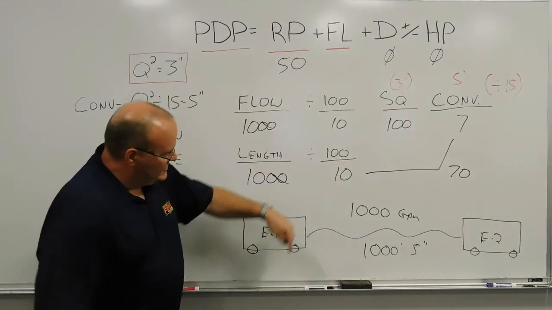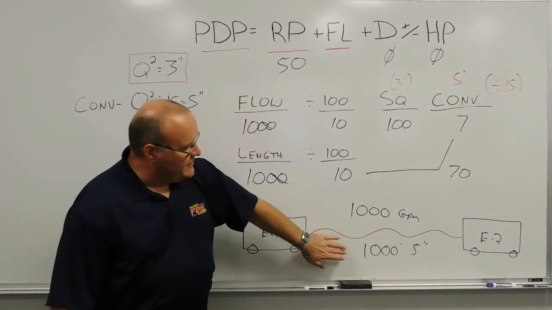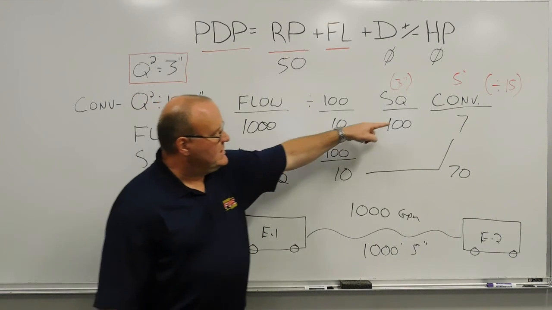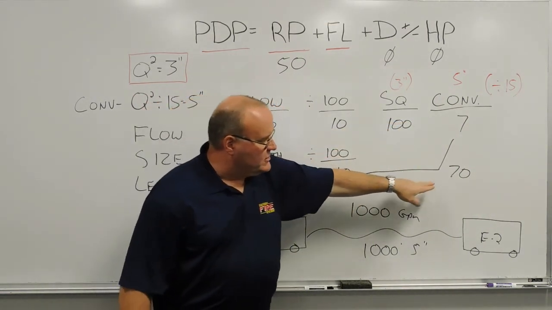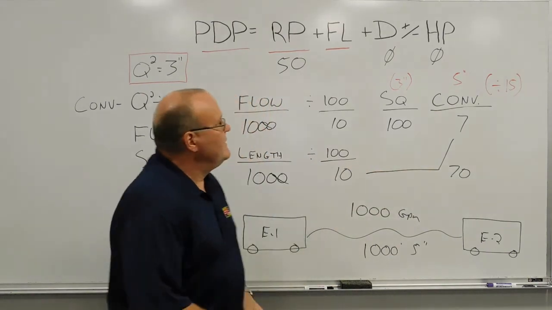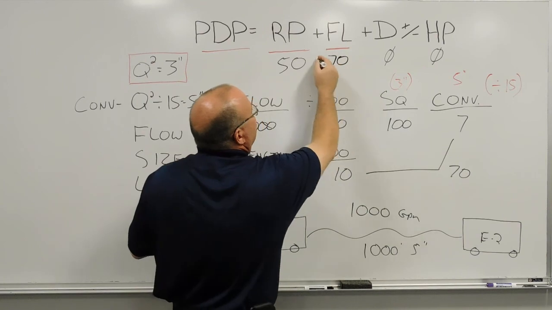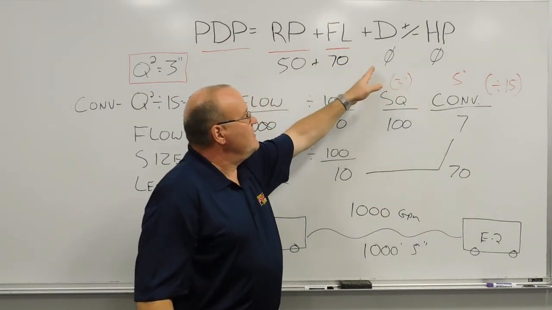So in this relay from engine 1 to engine 2, we have 1,000 feet of 5-inch hose flowing 1,000 gallons a minute with 7 pounds of friction loss per 100-foot section for a total friction loss of 70 pounds. Plug that into our formula up here and add those elements together. 0 for your head pressure, 0 for your devices.